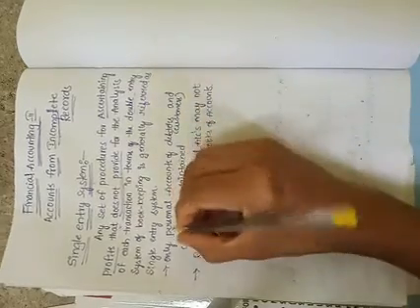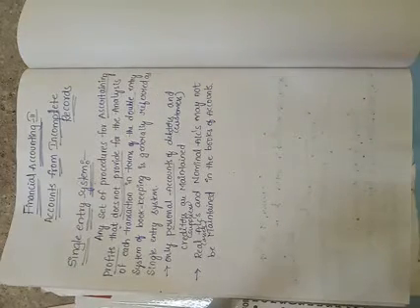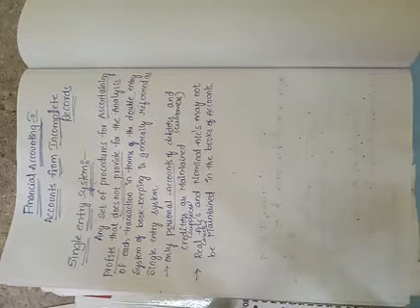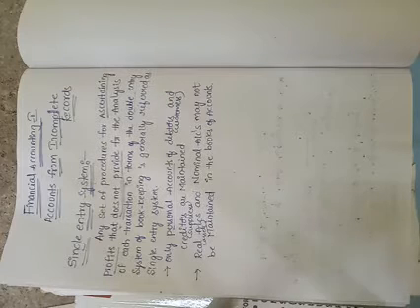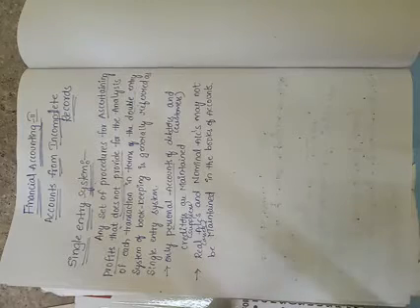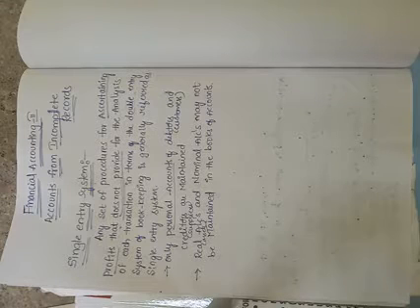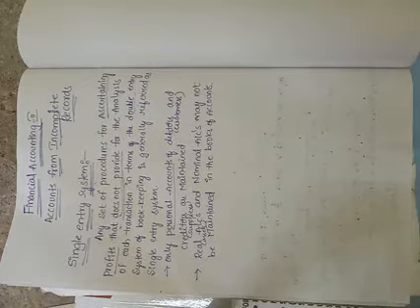Then what is a personal account? Personal account means the account which is related to a person's name. Then what is a real account? Real account means the account which is related to assets.